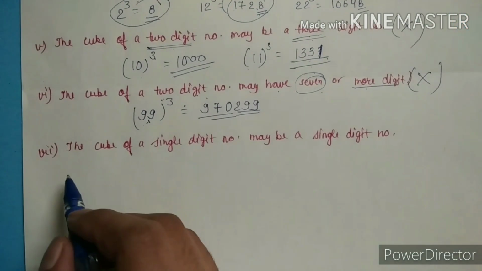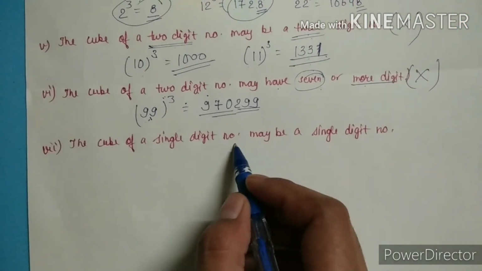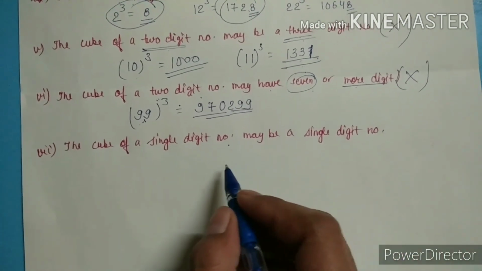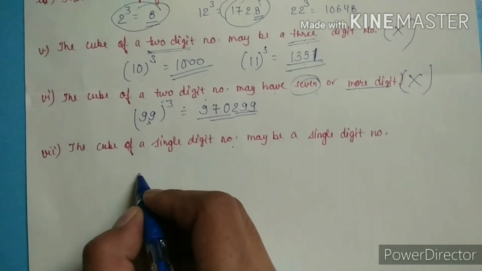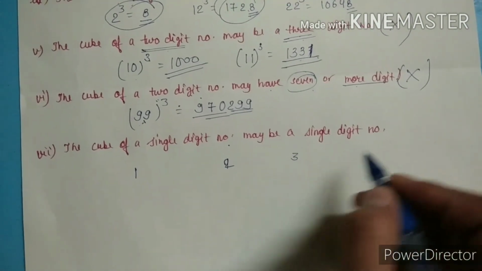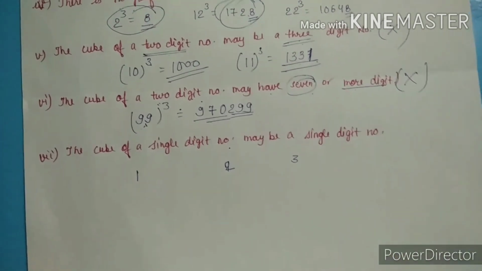Now 7, the cube of a single digit number. Who are single digit numbers? 1, 2, 3, they all are single digit.